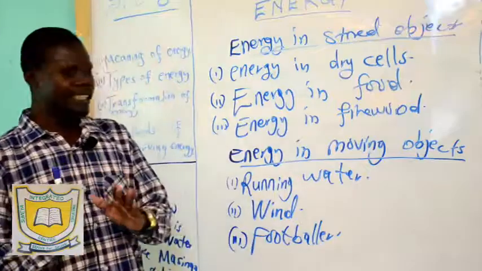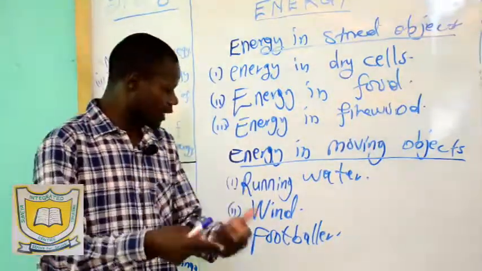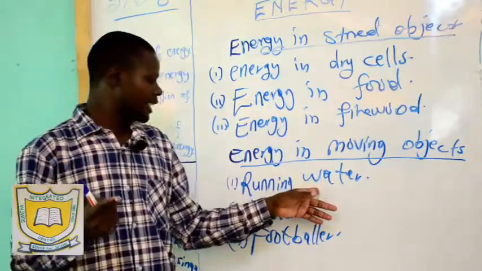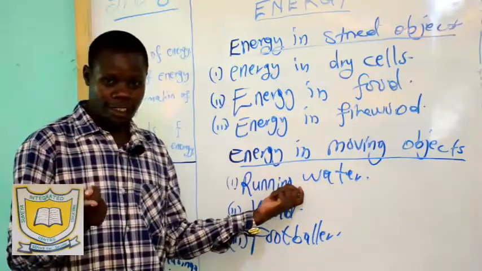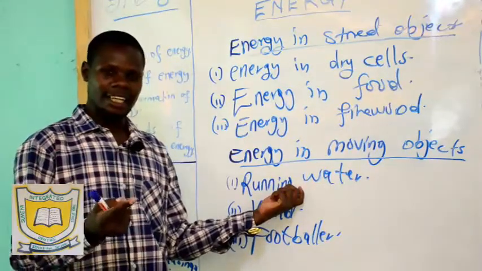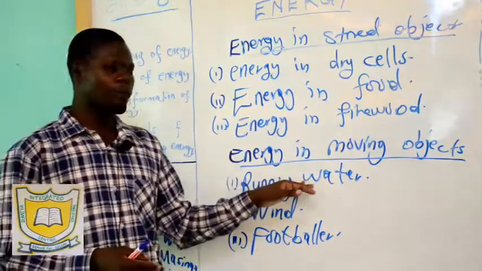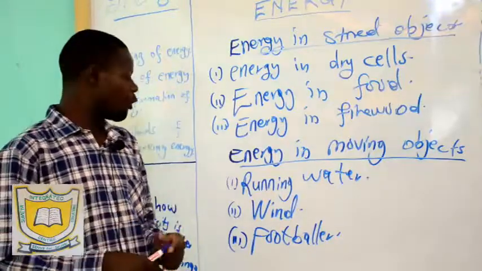So the energy in moving water is the one causing the turbines to rotate, and hence production of hydroelectric power. We are getting electricity from moving water. Water is not stagnant. That water must be in motion, and that is why the turbines are moved very fast by the current of water.